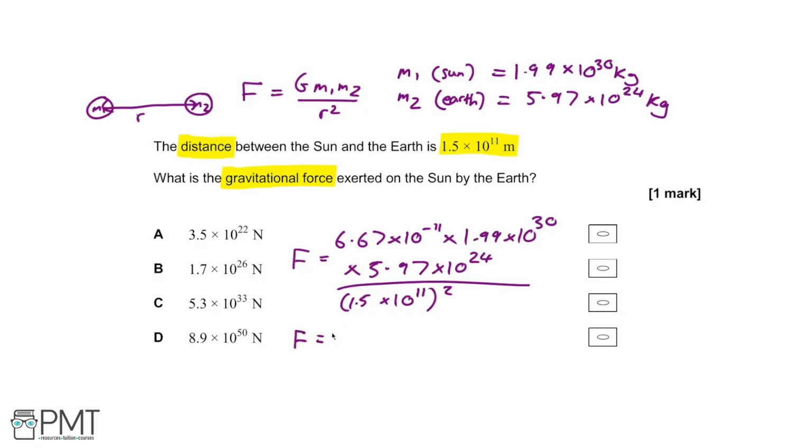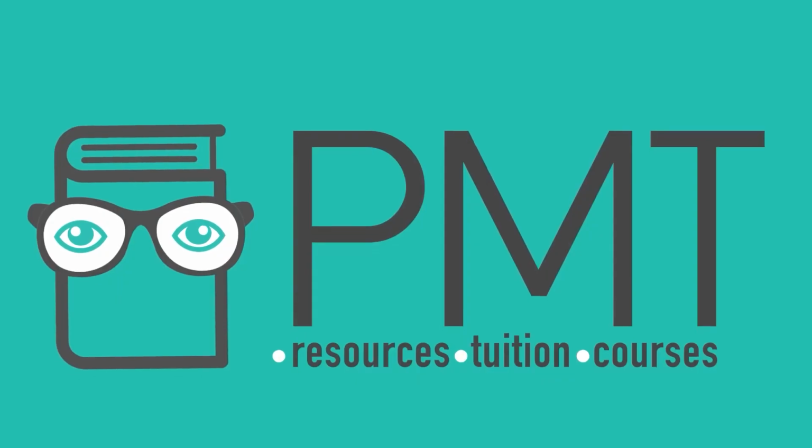Putting those numbers in, we obtain that F is equal to 3.521848933 times 10 to the 22, which is approximately equal to 3.5 times 10 to the 22 newtons to two significant figures. Therefore, the answer to this question is A.